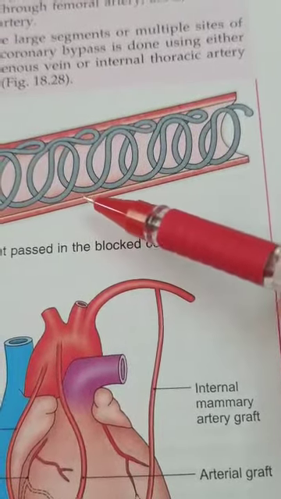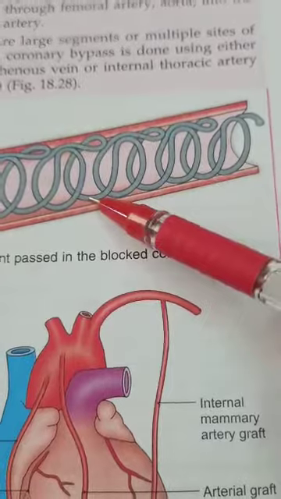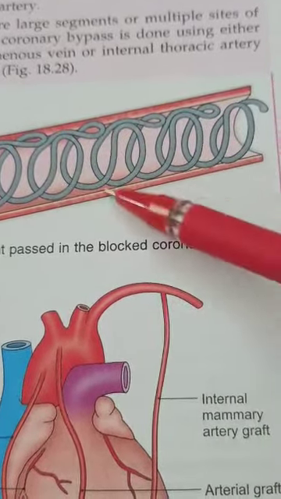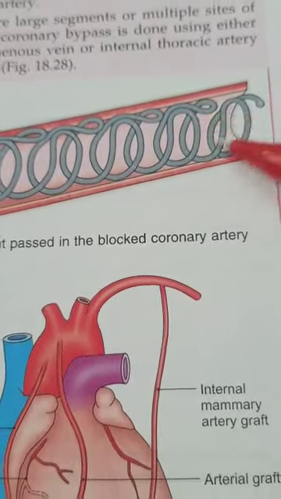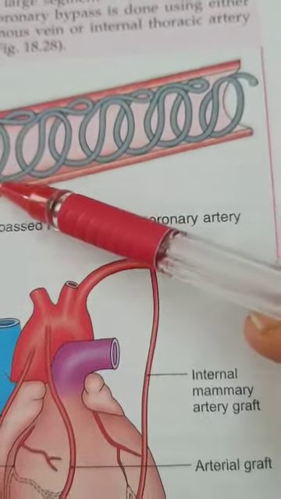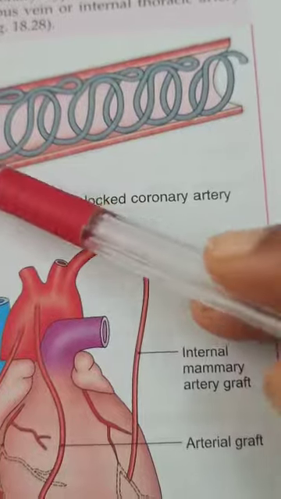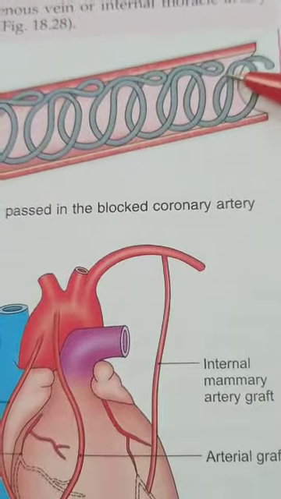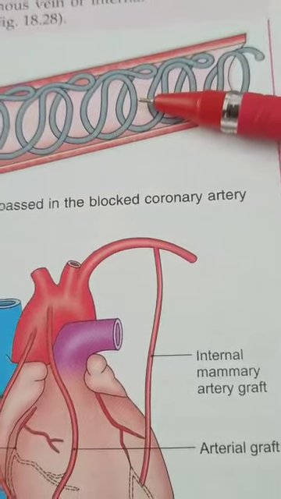It causes occlusion of the coronary arteries. In that case, we remove the clot and put a stent like this. It passes through the artery to make the lumen patent. The lumen of the coronary artery or its branches becomes patent in that case.